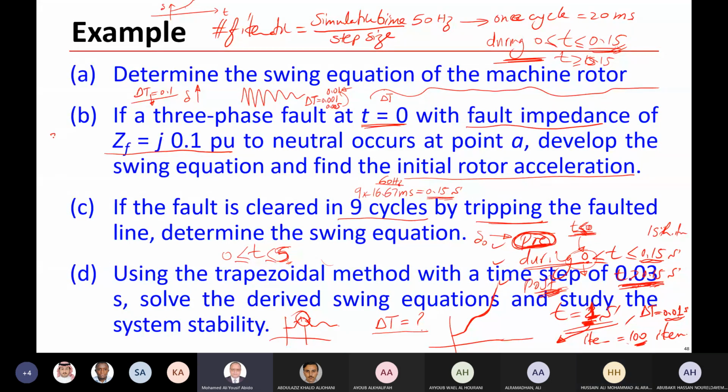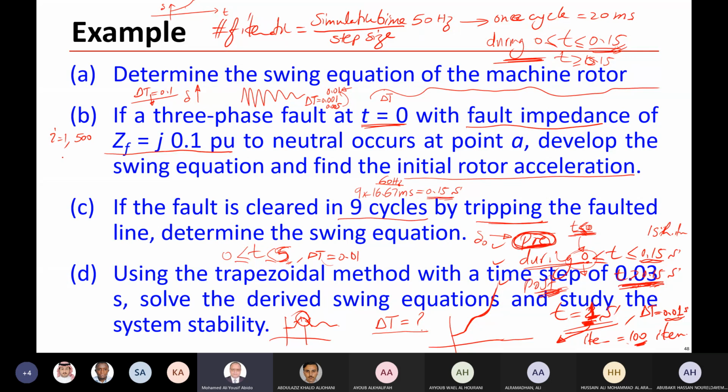For example, from I equal to 1 up to 5 seconds. If delta t is, for example, 0.01 second, then we will carry out 500 iterations. Am I right? Yes.